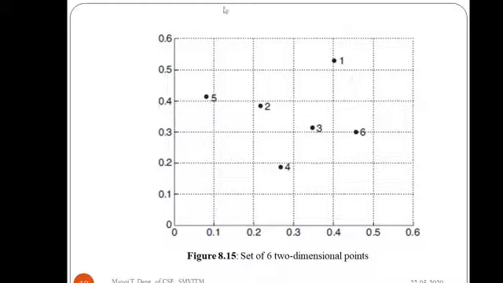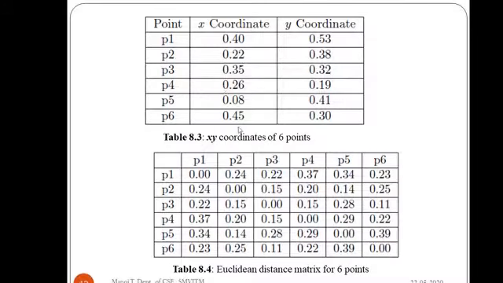So these are the six two-dimensional points given to us, and xy coordinates of 6 points are given over here, and the corresponding Euclidean distance matrix for 6 points is also given. It is very simple to calculate the Euclidean distance.